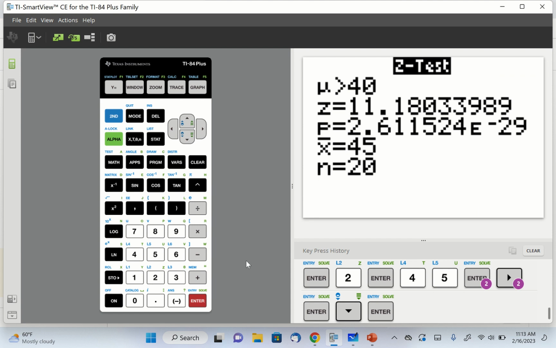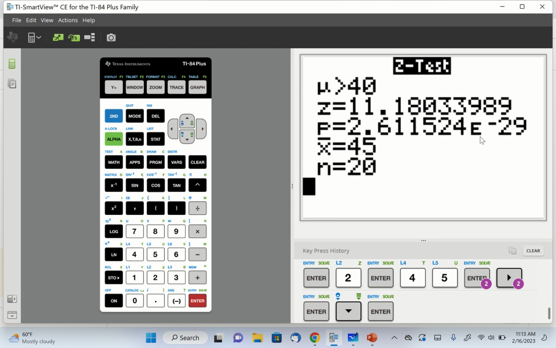And there you have it. The results screen will give you the z-score and the probability value, the p-value for that z-score. Make sure you read the value all the way to the end. So this is 2.6 times 10 to the power negative 29. So it's in the exponential form, which means it's practically equal to 0.